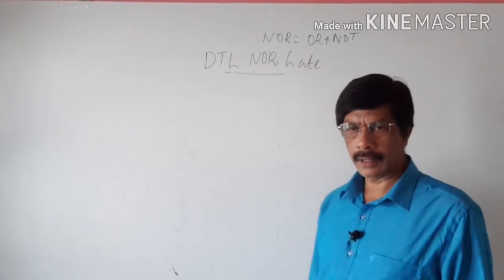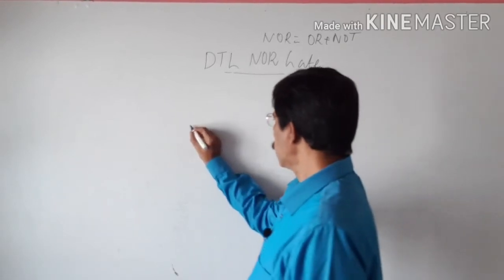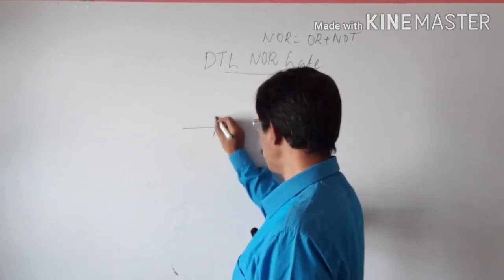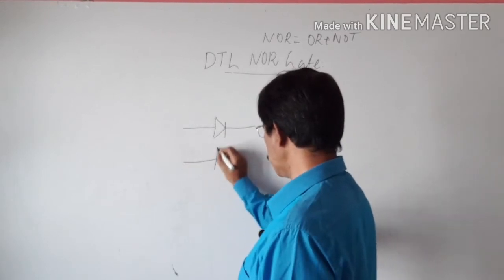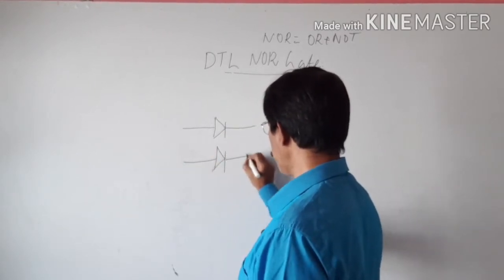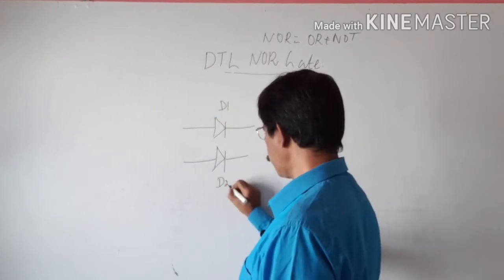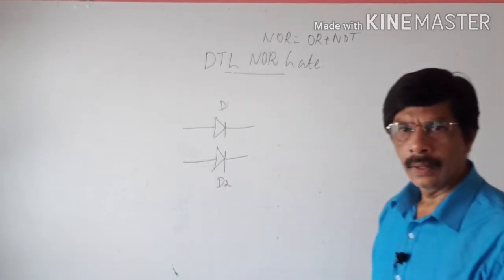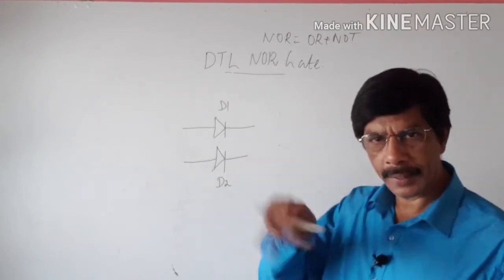First let us take the diode OR gate. This is diode 1, this is diode 2. The cathodes of both diodes are interconnected.